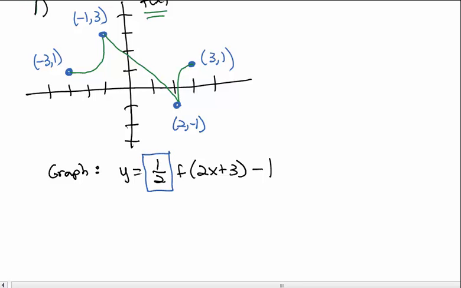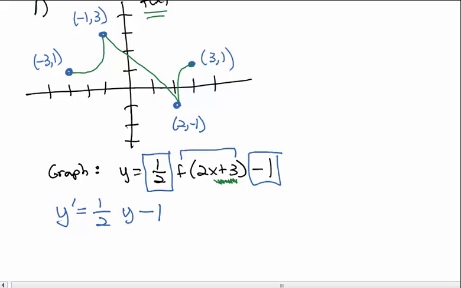The outside stuff around the f of x is going to affect the y coordinate. So our new y coordinate, y prime, is 1/2 of the old y coordinates, that's all that f of stuff, minus 1.